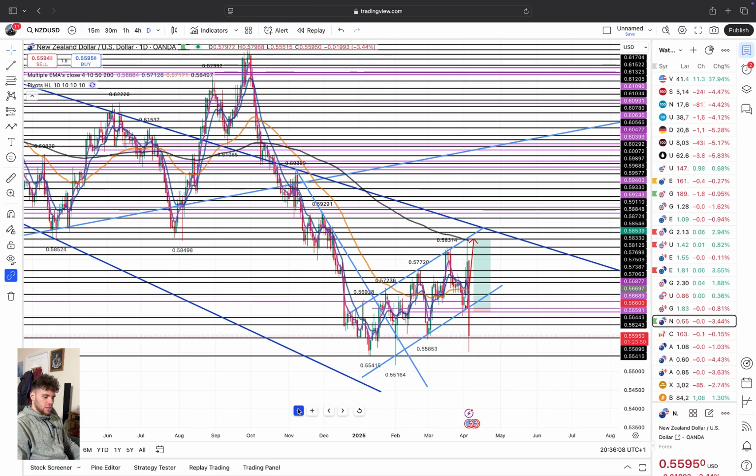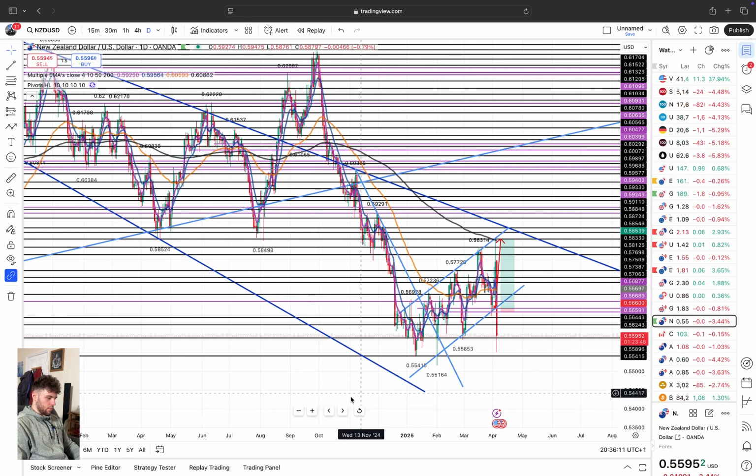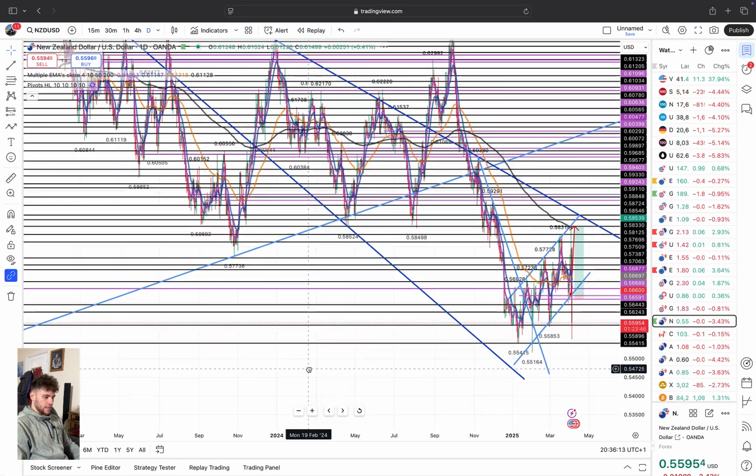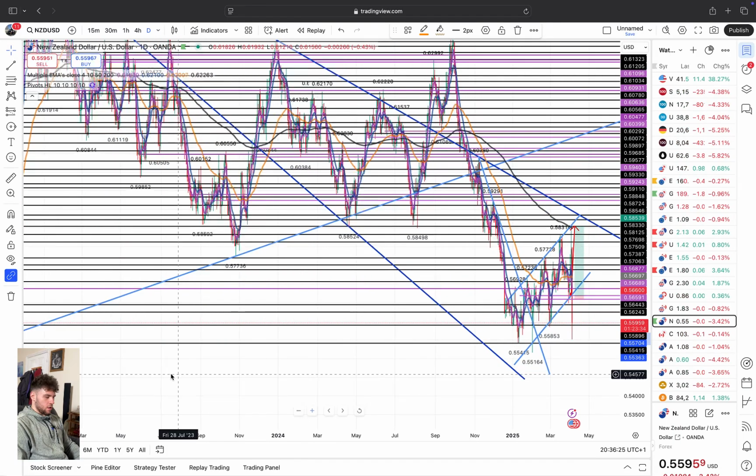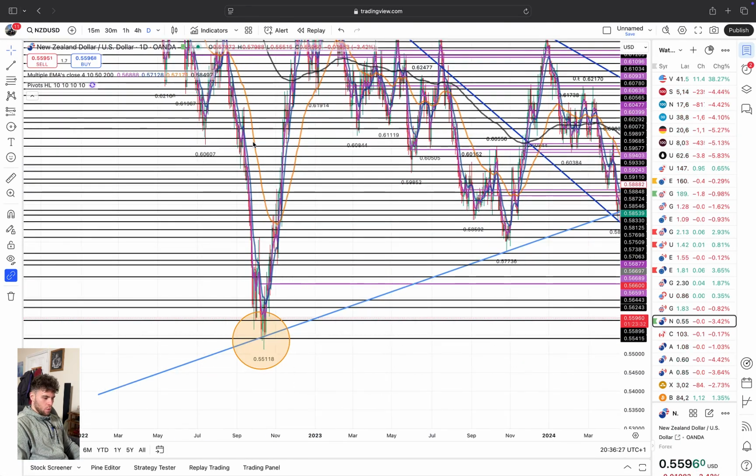Now, these lows here are very important, because if we look to the left over here, and I keep zooming out, look here, guys, the last time that we hit this area, we had a big reaction from a very bearish move to a very bullish move. This is a very key level.